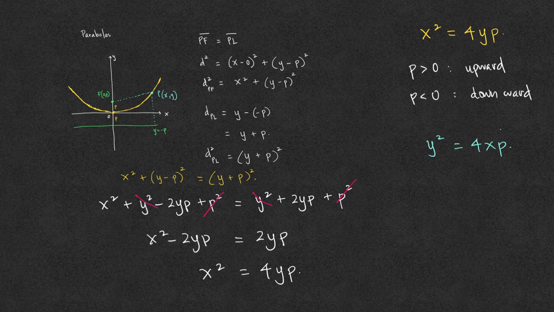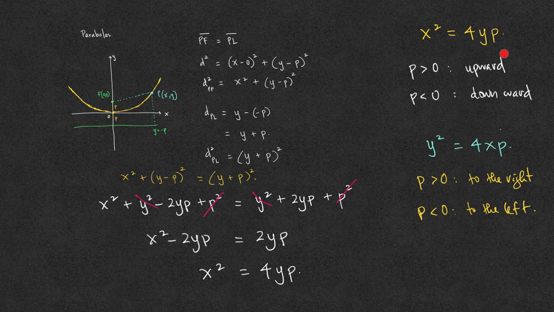And so for this new equation, if p is positive, then the parabola opens to the right. And if p is negative, then the parabola opens to the left. And the vertex is still at the origin.